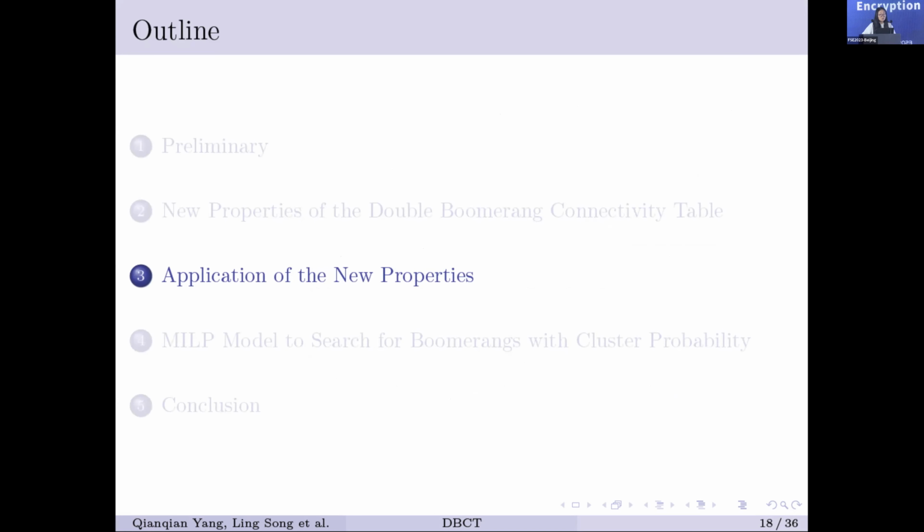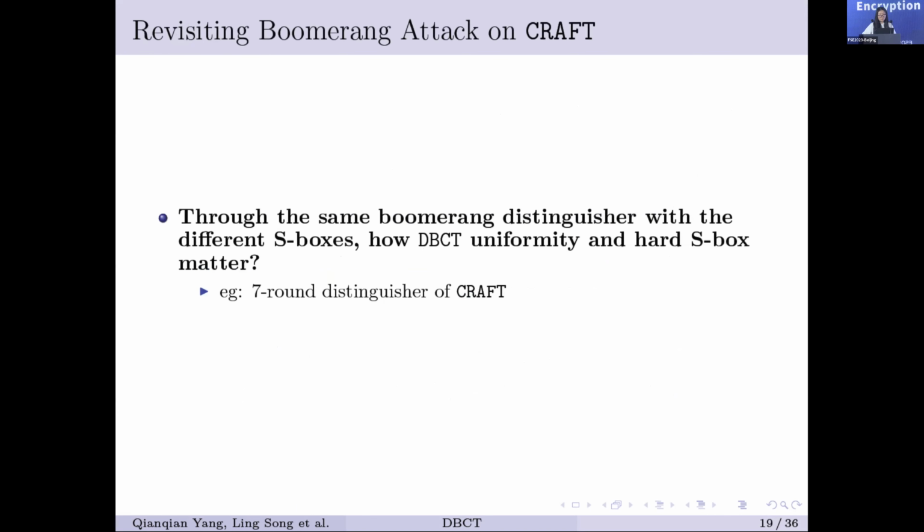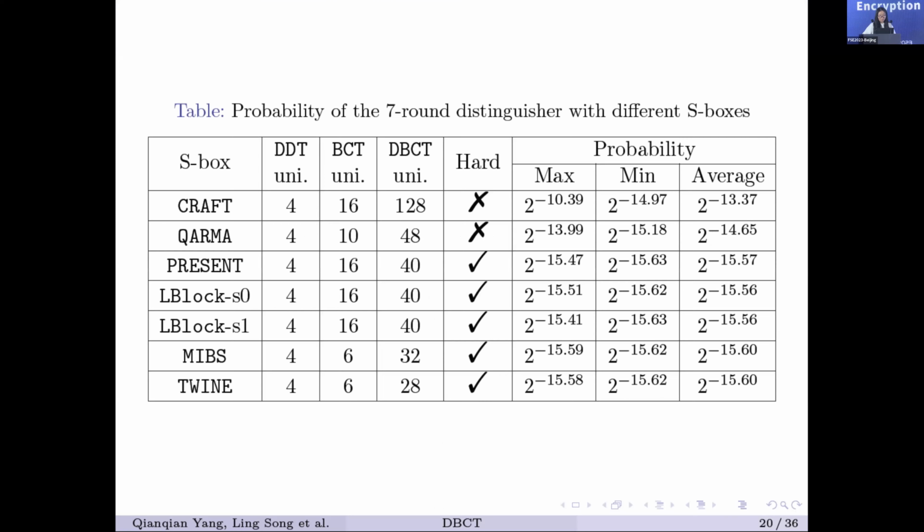Now let's see some applications of the new property. The first one is that for the same boomerang distinguisher with a different S box, DBCT uniformity and involution S boxes matter. We take the 7-round distinguisher of CRAFT as an example.